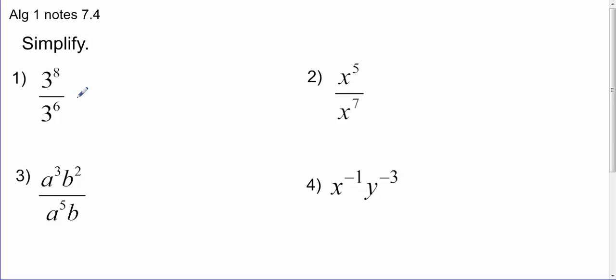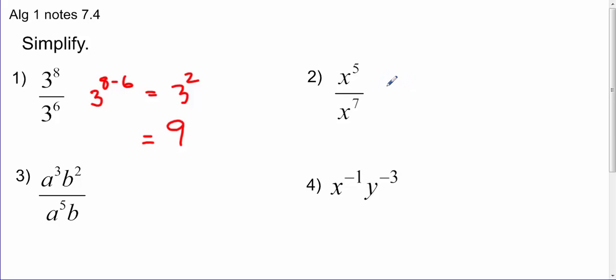Alright, let's do some simplification here. 3 to the 8th divided by 3 to the 6th would be 3 to the 8 minus 6, which would simply be 3 squared. Now, depending on the instructions of the problem, we can simplify 3 squared. I'm going to go ahead and do that and just change it to be 9. Alright, x to the 5th divided by x to the 7th.